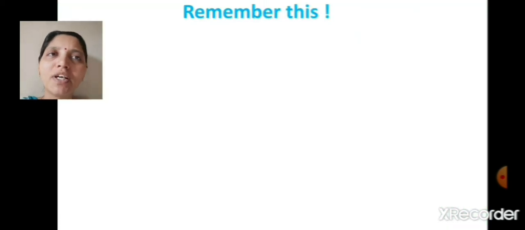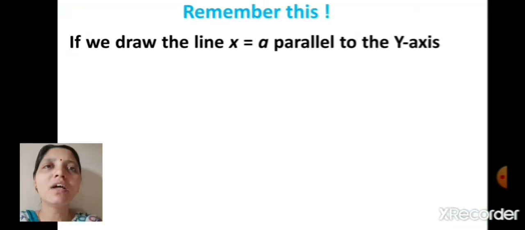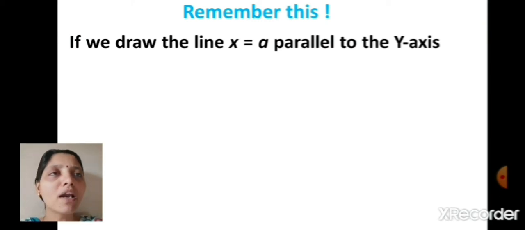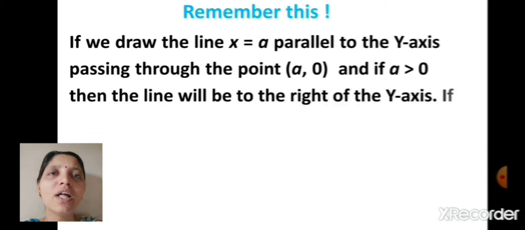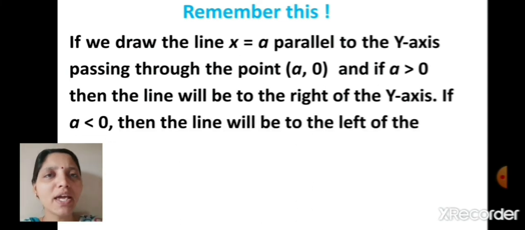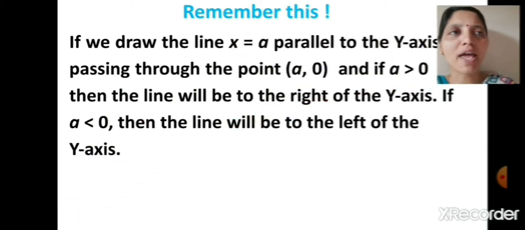So remember this. What you have to remember? If we draw the line x is equal to a parallel to the y-axis passing through the point (a, 0), and if a is greater than 0, then the line will be to the right of the y-axis, and if a is smaller than 0, then the line will be to the left of the y-axis.